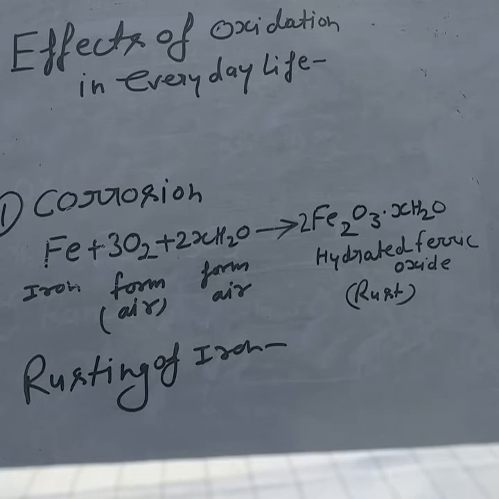You all know silver and gold have bright shining luster, but if kept for a long time, they lose their luster due to the deposition of a black coating on their surface. These are other examples of rusting of metals or corrosion.